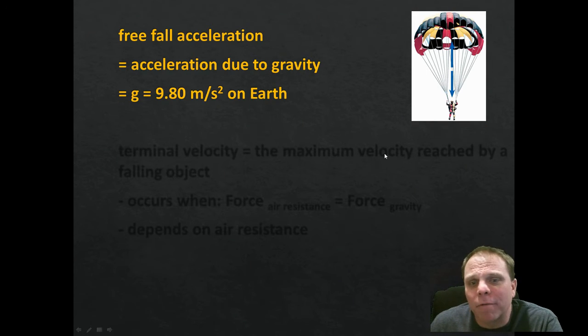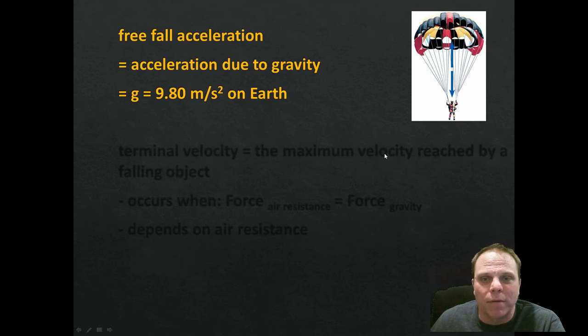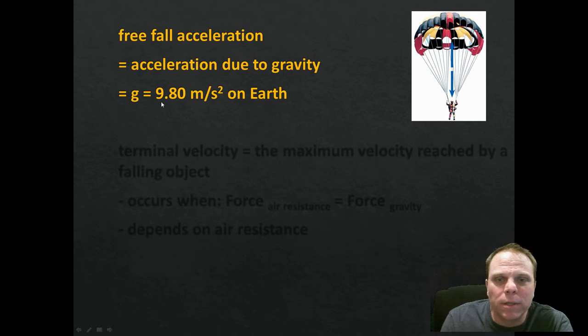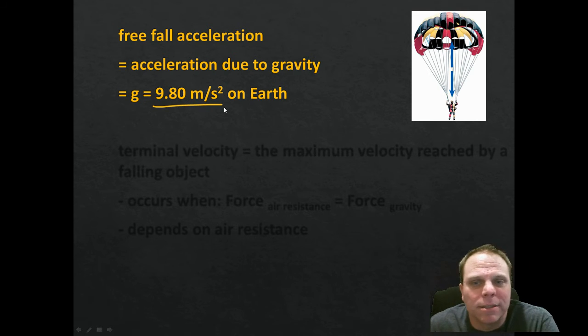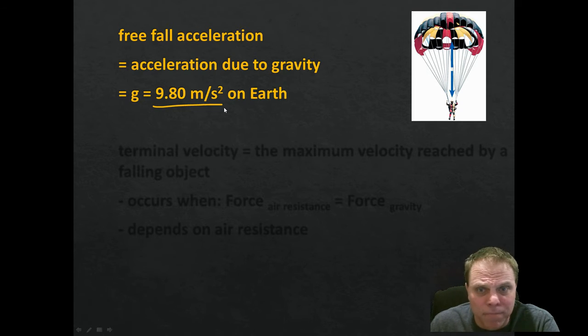All right. So let's talk about free fall acceleration. Free fall acceleration basically is another way of describing the acceleration due to gravity. All right. Here on Earth, we typically describe this as 9.80 meters per second squared. 32 feet per second squared is kind of what we would talk about if we were talking about it in terms of feet. But this means that I'm going to accelerate faster and faster as I fall. Okay.